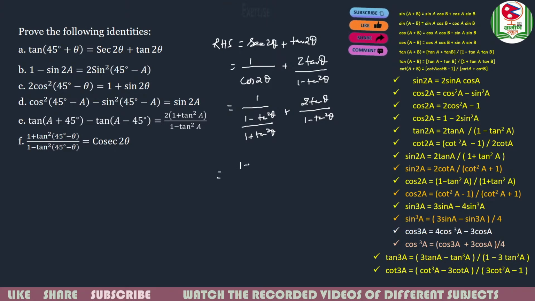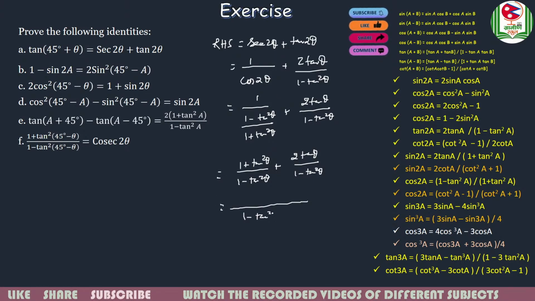Okay, so we can write (1 plus tan square theta) upon (1 minus tan square theta) plus 2 tan theta upon 1 minus tan square theta. So here it can be written as 1 minus tan square theta in the denominator, and the numerator is 1 plus tan square theta plus 2 tan theta. So the upper one is (1 plus tan theta) whole square.